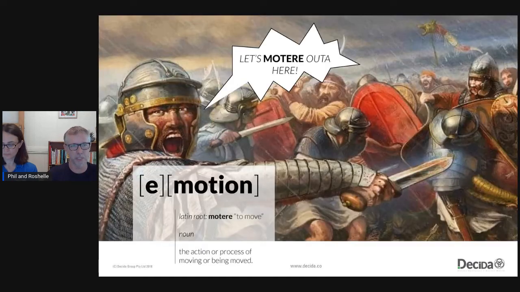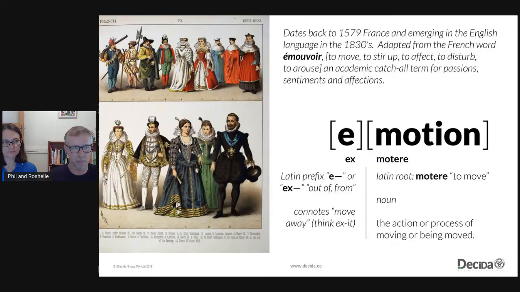Emotion, where did it come from? Well, it came from the Latin word mater, which was used by Romans for troop movement as they're moving troops. So it has this motion element. It has to be in a movement. And E is like X, so you're moving away from.